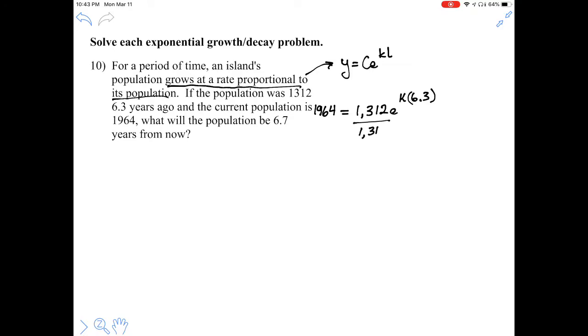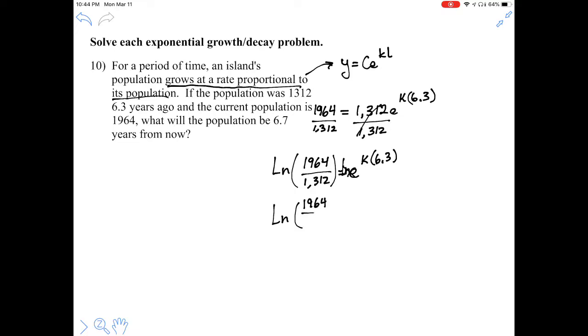So if I divide, then we have that, and taking a natural log on both sides, the natural log and the e are going to cancel out. So the natural log equals k times 6.3, then divide by 6.3.